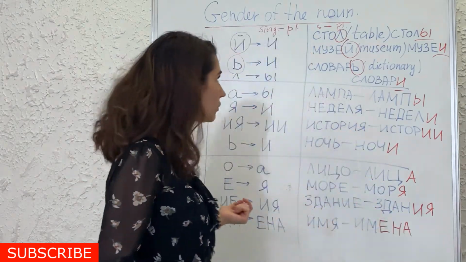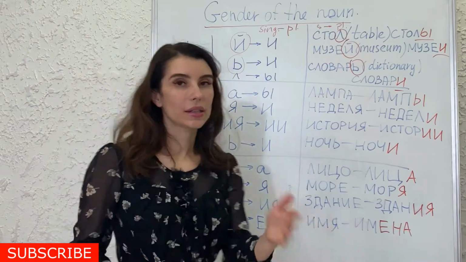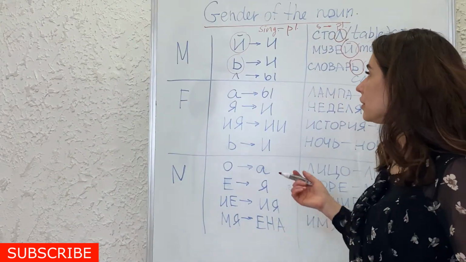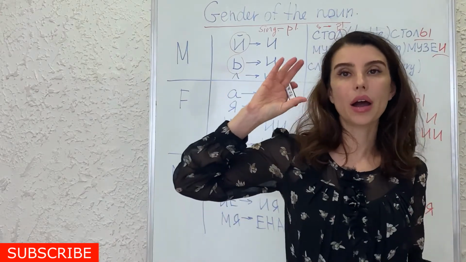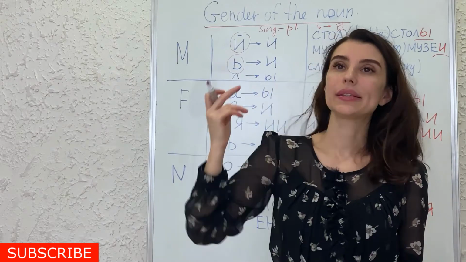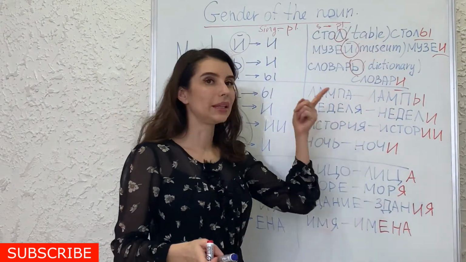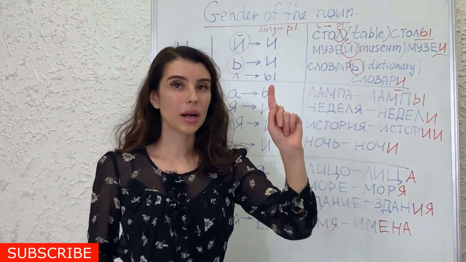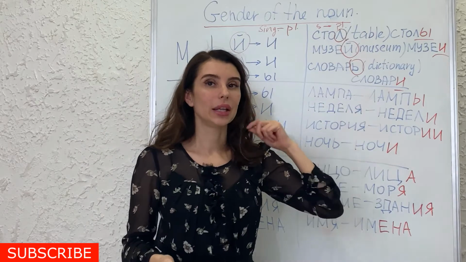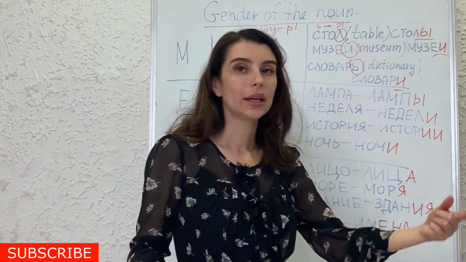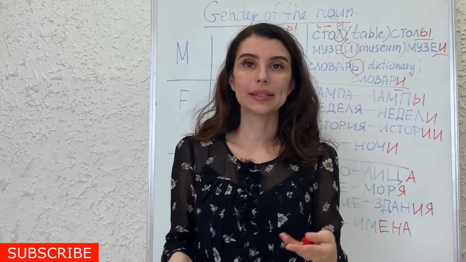Okay? Next, a female word. If you see а at the end of this female noun, for example лампа, one lamp, then to say a lot of lamps it's лампы. И at the end because it's plural.